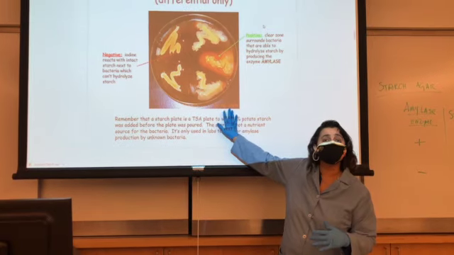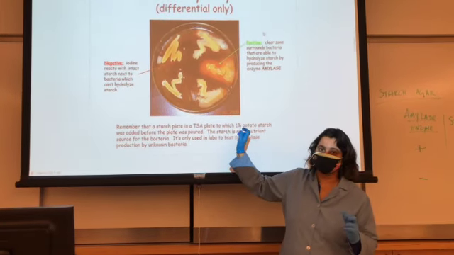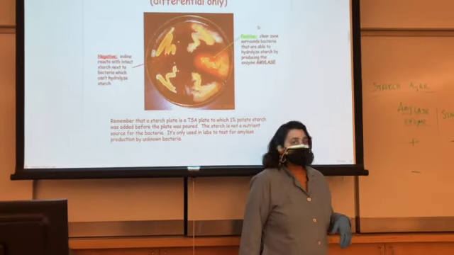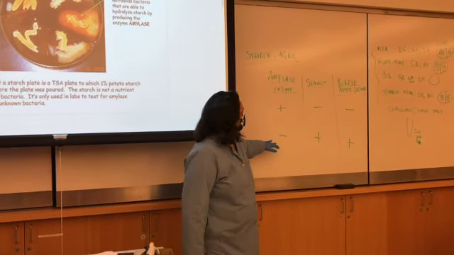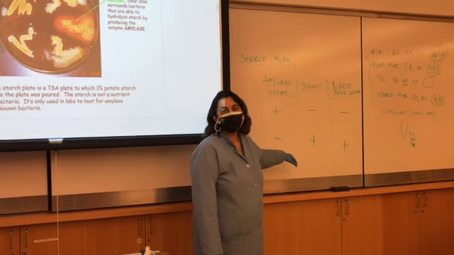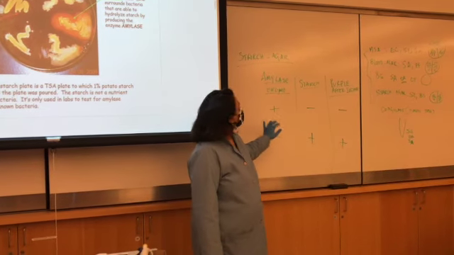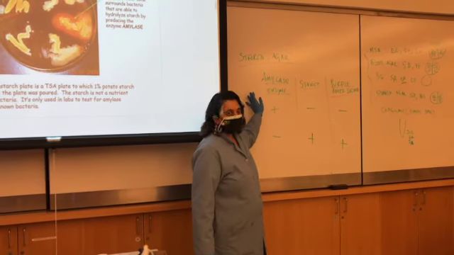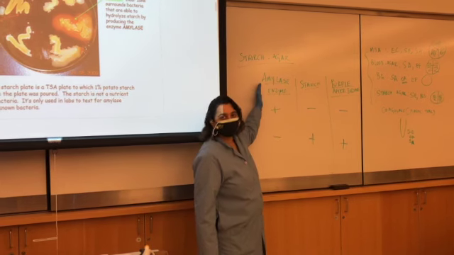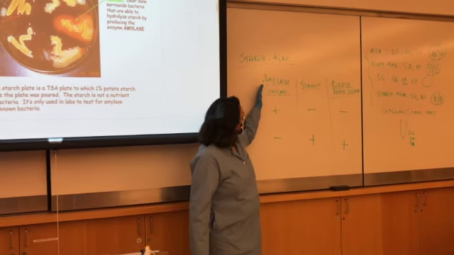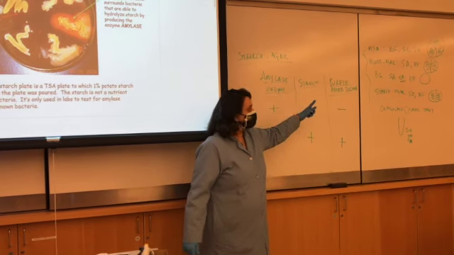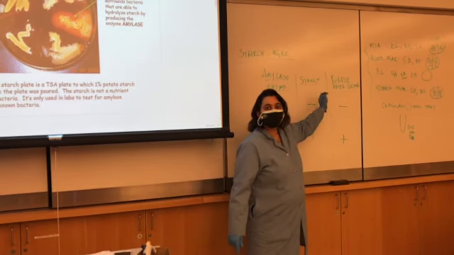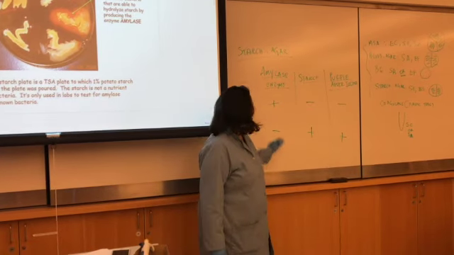Once again, this is a differential only test. Okay? And just to make it easy, I have a small table here. So this would tell you the kind of questions you might expect in the quiz. Starch agar test: you are looking for the presence of amylase enzyme, and you are testing whether the starch is intact or not. And what are you looking at? You are looking at the purple color. Okay?